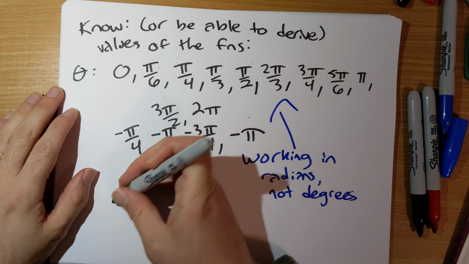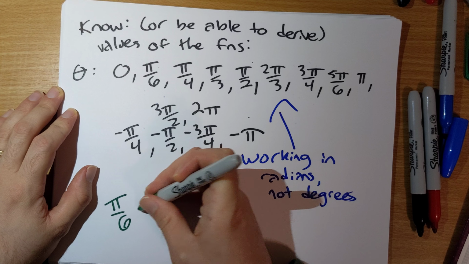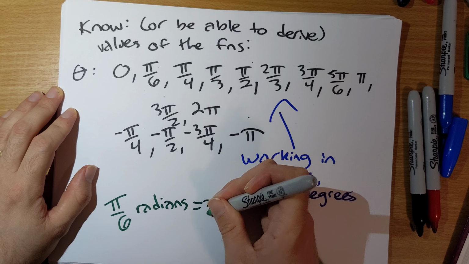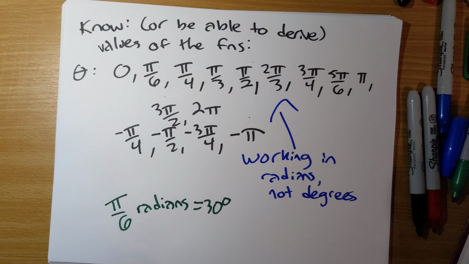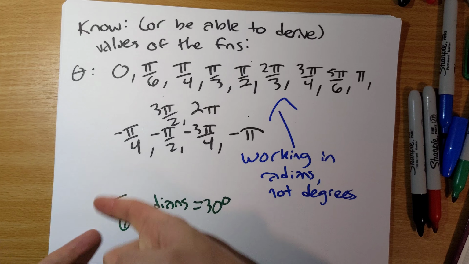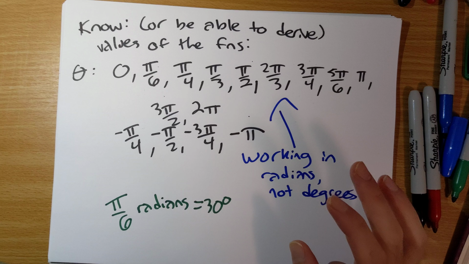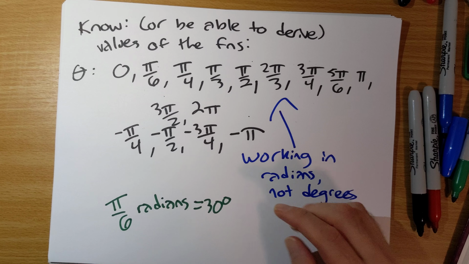So of course we know, for instance, pi over 6 radians is equal to 30 degrees, for example. Our preferred way in this course is going to be expressing things as radians. I may go back and forth between the two, but the default is that we're working in radians.